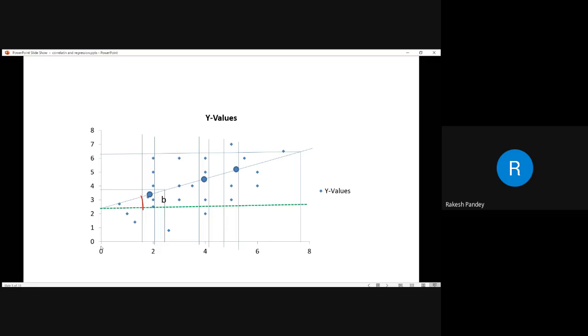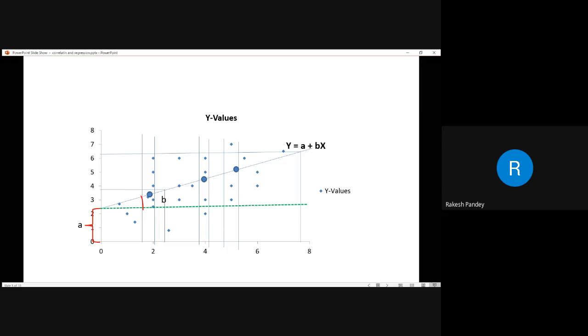If x is equal to 0, even then y is having a score of say around 2.3. So 2.3 is the intercept, and this intercept is called a. So we have two values, and I will tell you very easily how to compute these two values a and b.